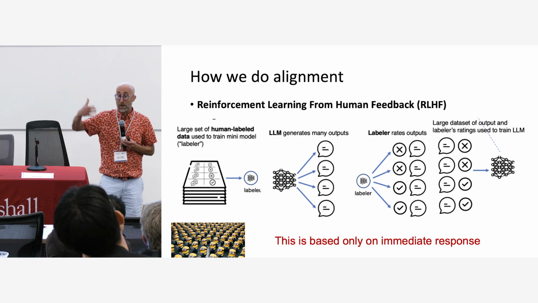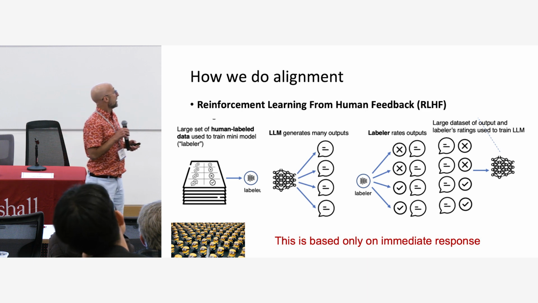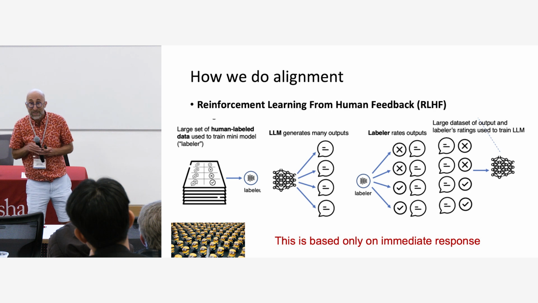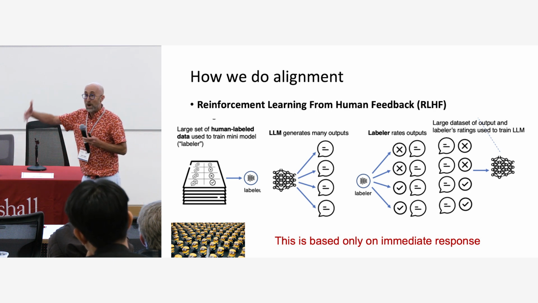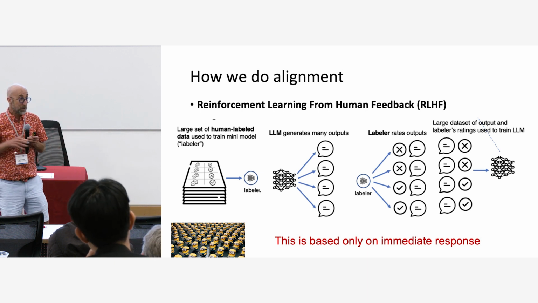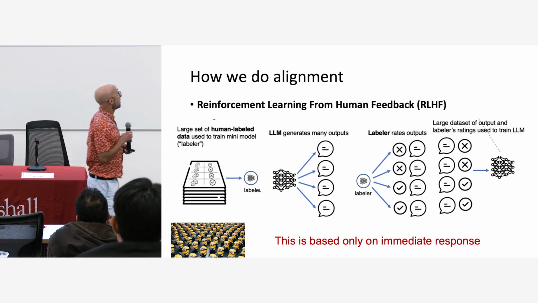Start by generating a bunch of immediate responses. Here's a prompt, give me an answer. Then pay a large legion of minions to label them, good answer, bad answer. Then take that data set and train a labeling model that says for any output the LLM gives, label it a good answer or bad answer, because we can't afford enough minions. It's a lot of minions to pay for there.